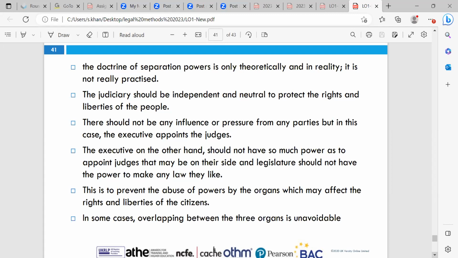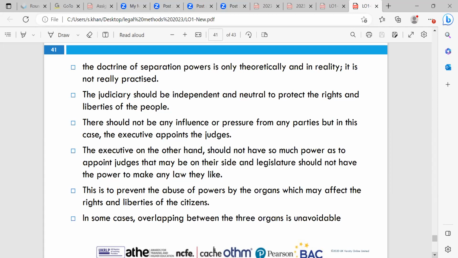The executive, on the other hand, should not have so much power as to appoint judges that may be on their side. And the legislature should not have the power to make any law they like. This is to prevent the abuse of powers by the organs which affect the rights and liberties of citizens. In some cases, overlapping between the three organs is unavoidable. So sometimes, the three organs have to work together, but they must make sure there's no abuse of power.